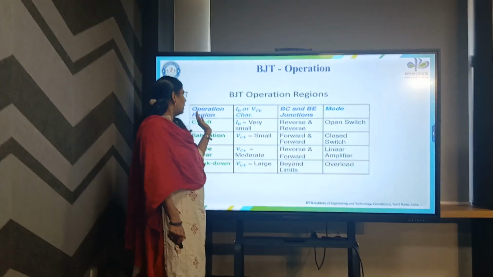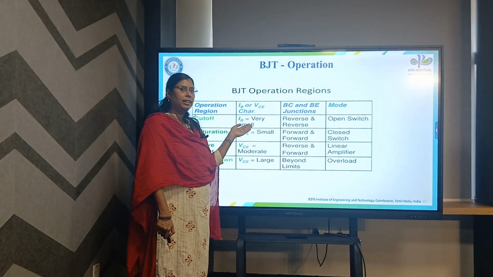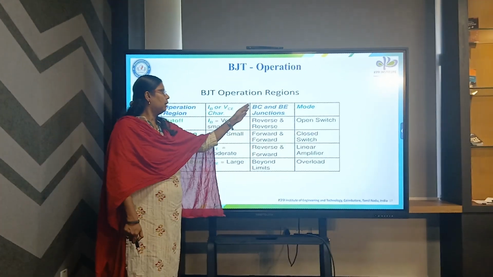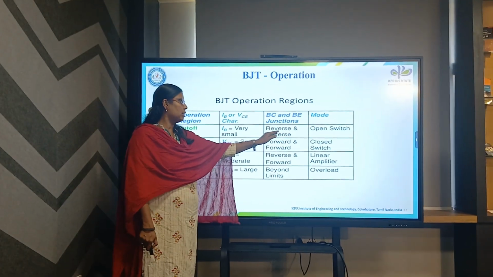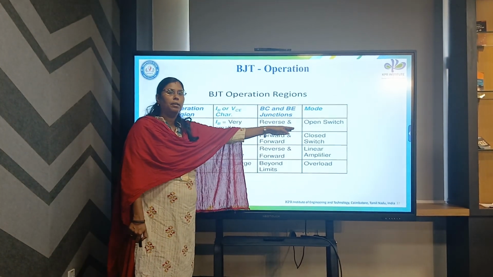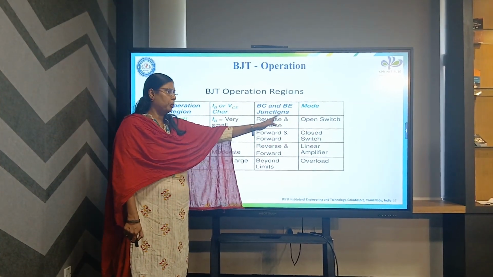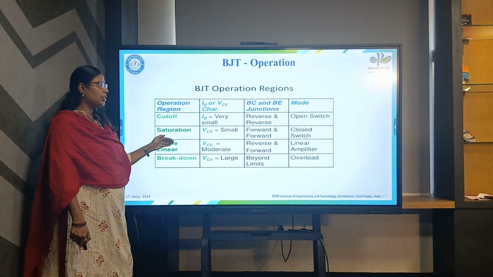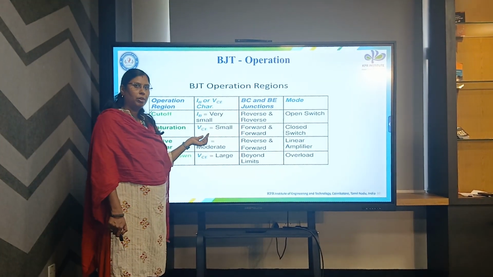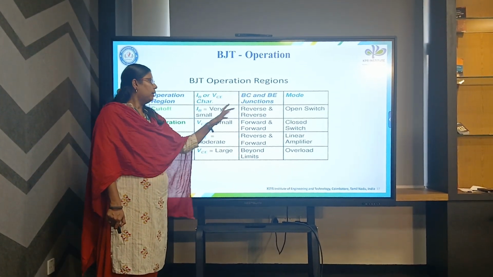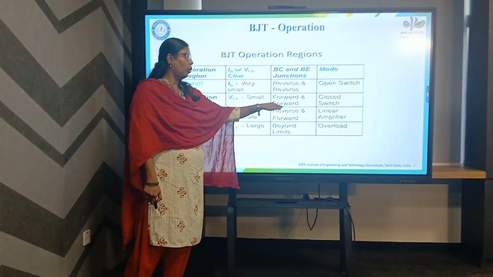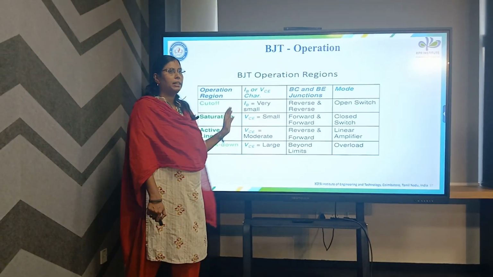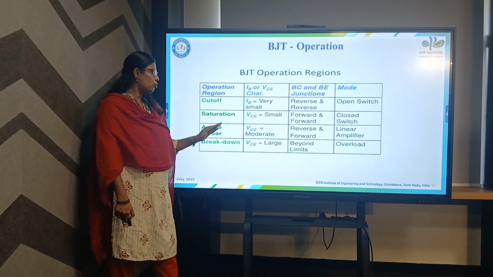In the cutoff region, the base current is very small, and base collector and base emitter junctions are reverse biased. So in this case, the transistor acts as an open switch. In saturation region, the collector emitter voltage is small, and the base emitter and base collector junctions are forward biased. In this case, the transistor acts as a closed switch.